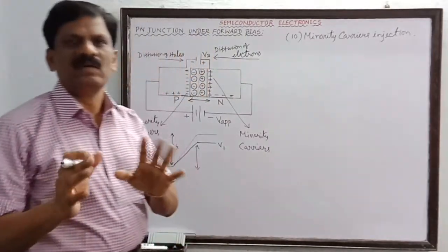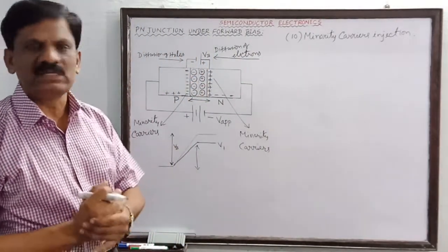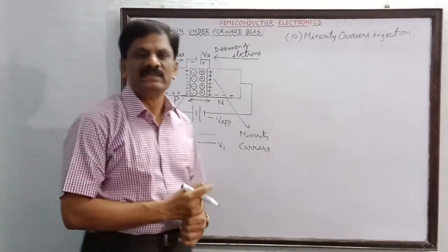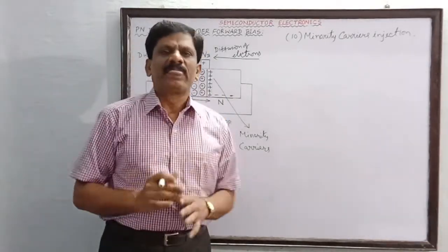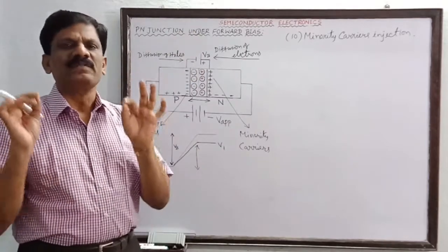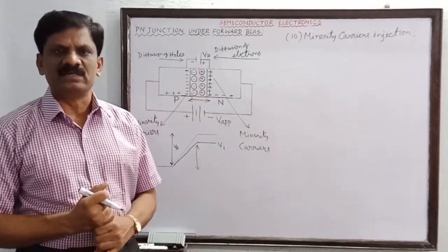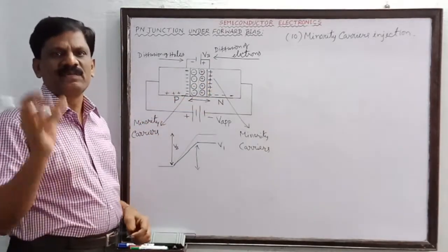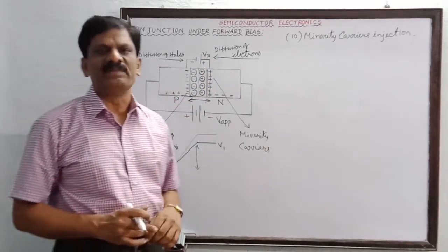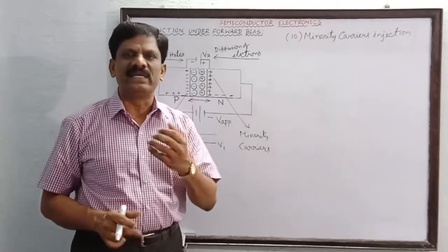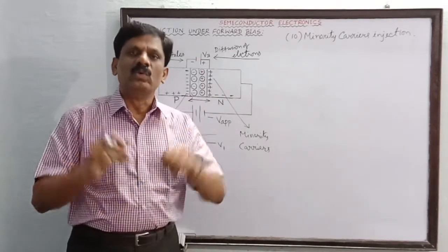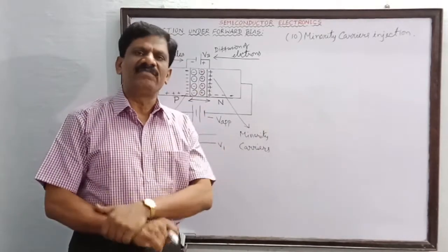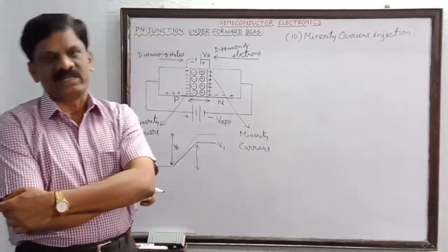Now after this, what is going to happen is very important, students. In the P region as well as the N region, we have taken a pure semiconductor doped with some impurities only, is it not? In the P region as well as the N region, there will be some pure semiconductor atoms, namely germanium or silicon atoms. Due to even the room temperature, thermal agitation of the covalent bonds will take place.